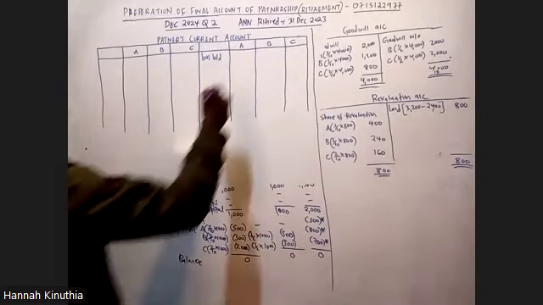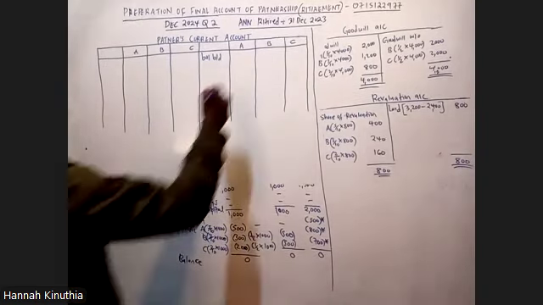The only item we have is the share of profit. Interest on capital and interest on drawings were 0.